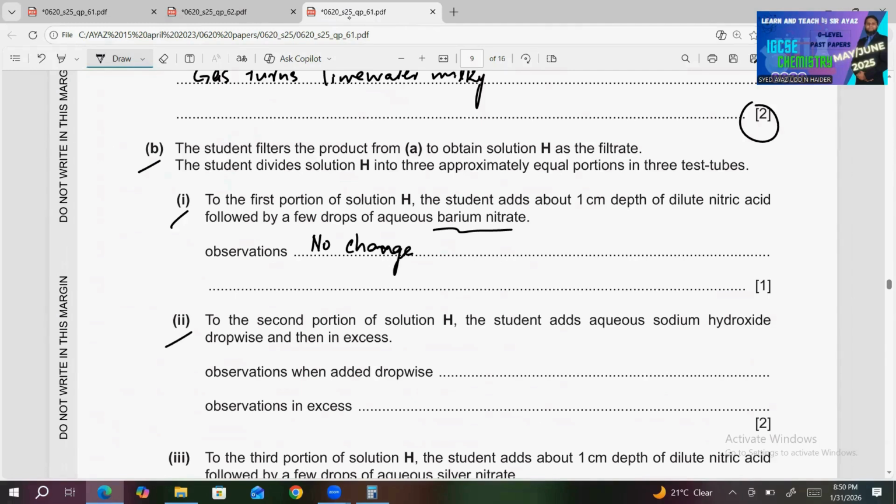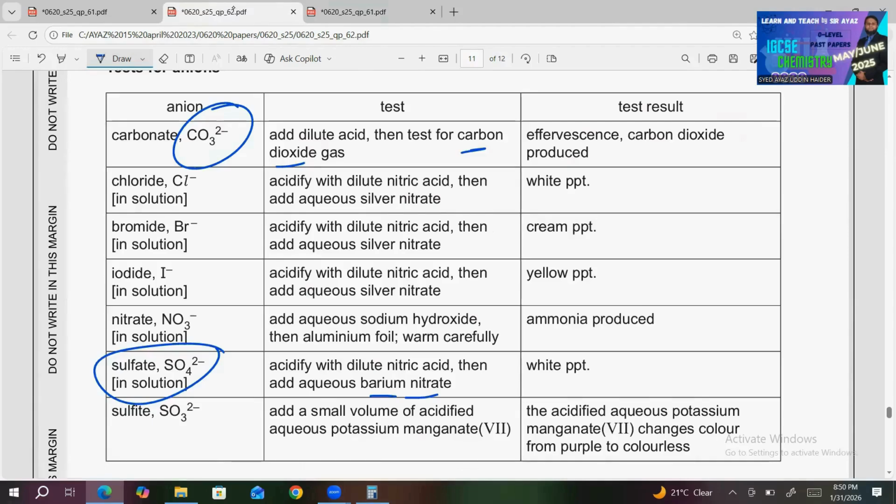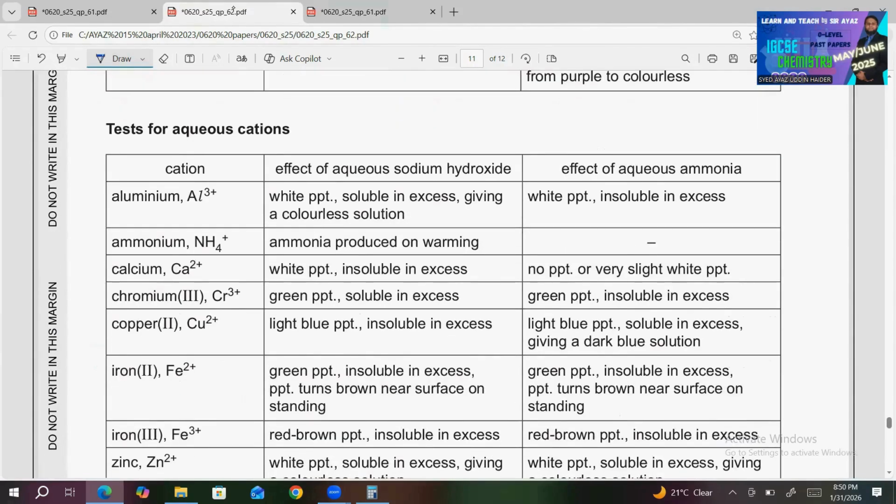2. To the second portion of solution H, the student adds aqueous sodium hydroxide dropwise and then in excess. Observations when added dropwise, observations in excess. This must be for the Ca2+ ion. Look at the list here. Cations list. Where is calcium?